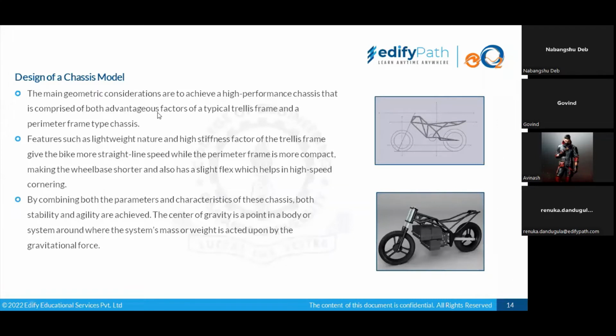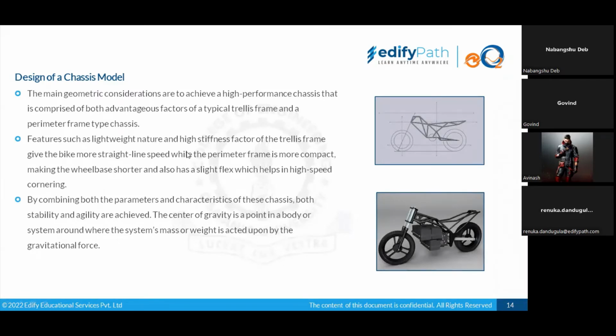When we are designing a chassis, it should be done in a proper geometric way, so that when we are mounting all the components on the bike, we get a proper distribution of the weight and the stress on the chassis is minimized. Trellis frame and perimeter frame are two types of chassis.